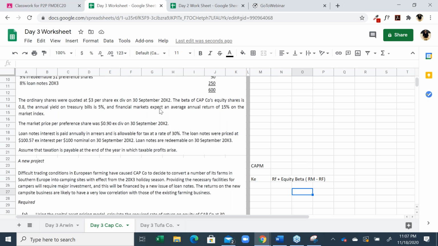The financial market expects an average return of 15%, right? This is the average return that we expect from the market, not from the company. If we invest in a government security, we expect 5%. From this market, we expect 15%. Do you know why we are expecting a higher return from this market as compared to a government security?